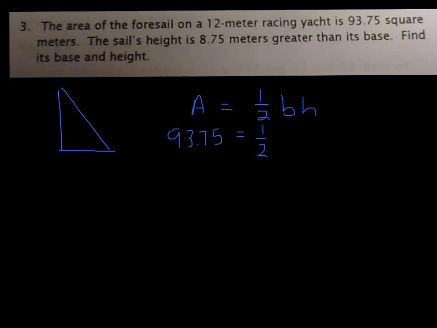So let's start with the base. B equals the base, and the height is going to be the base plus 8.75. That's the height. So we have 1/2 of B times B plus 8.75.